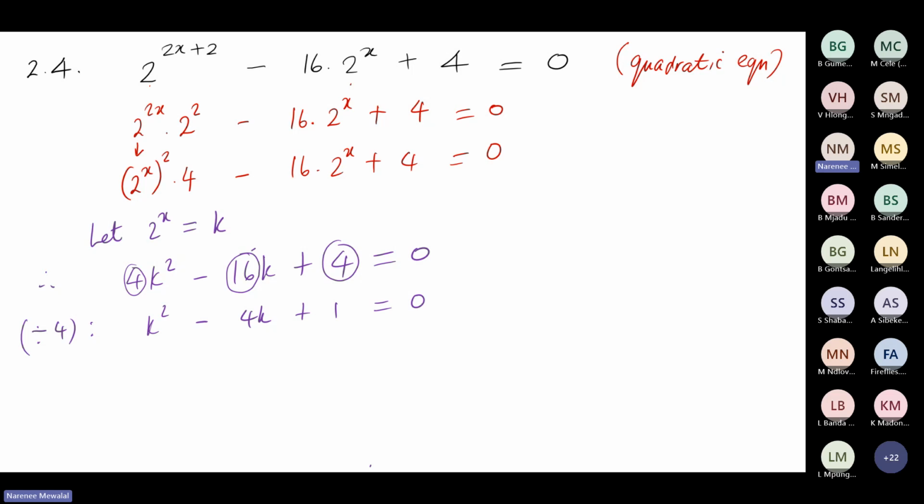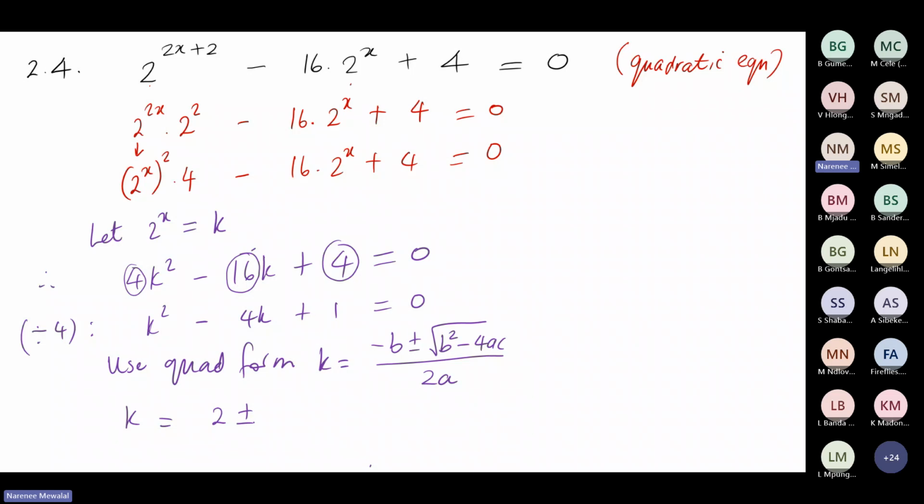You must try to do that when you are completing this. So you can use the quadratic formula, k equals minus b plus or minus the square root of b squared minus 4ac all over 2a. And you're going to get k is equal to 2 plus or minus the square root of 3.